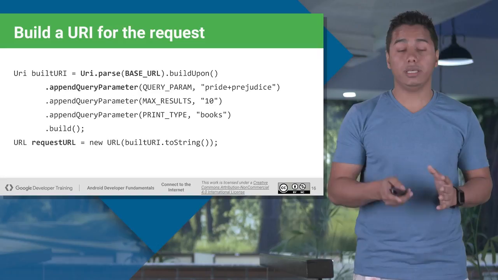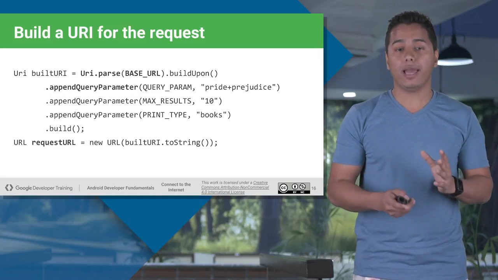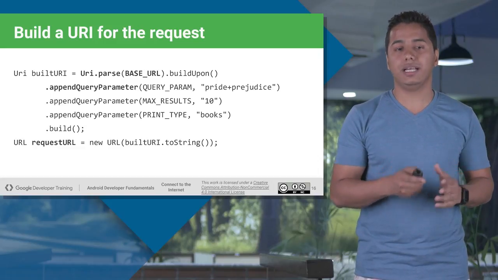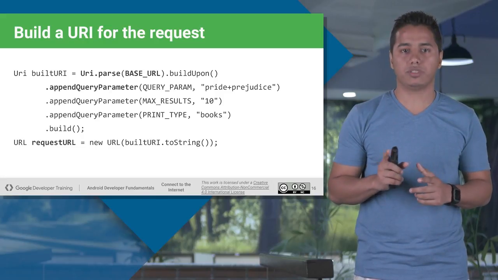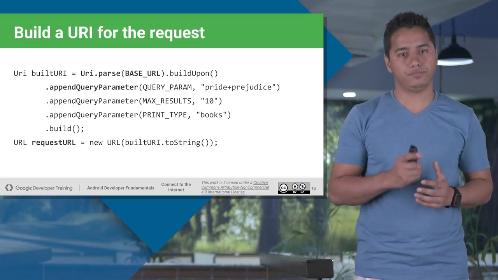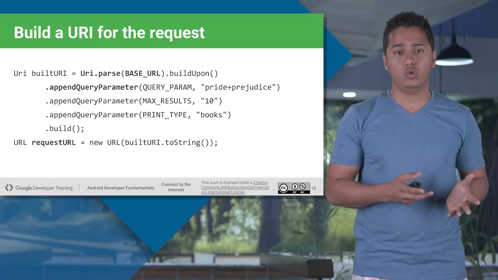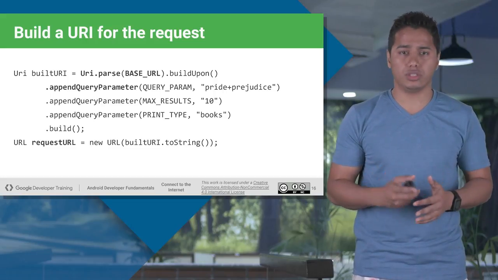So by providing this whole statement, I'm creating the URI or URL like you can see at the top. This whole statement is creating that URL so that you can connect to that particular website and get the data from there. And after that, to make it a URL object, all you have to do is: URL is the class, requestURL equals new URL, and buildUri.toString. Just change it to a string.